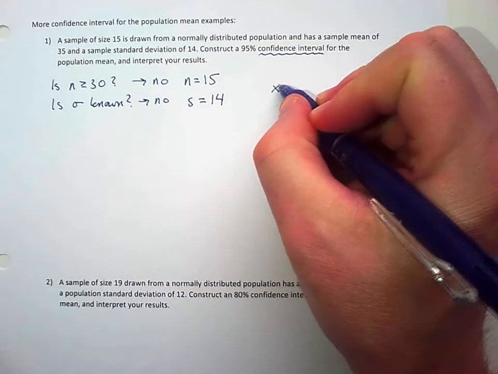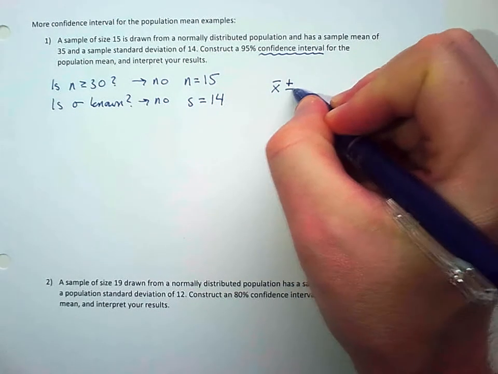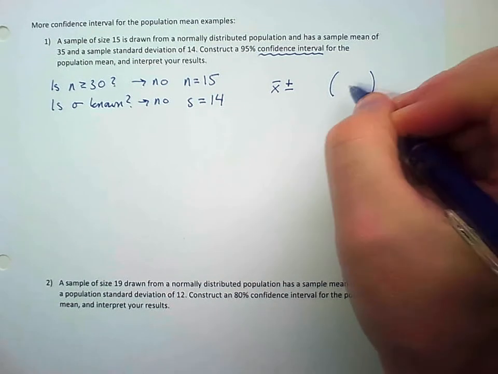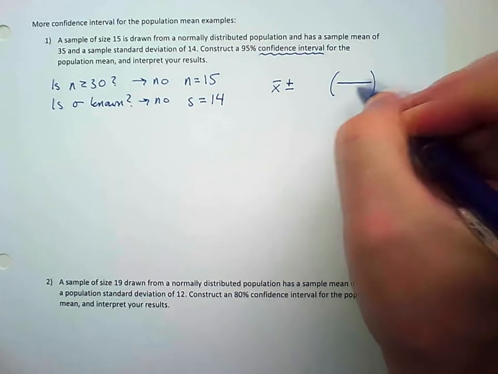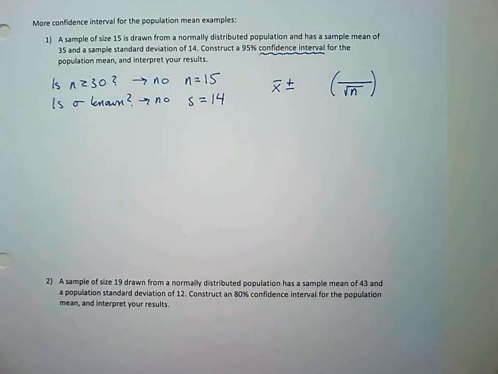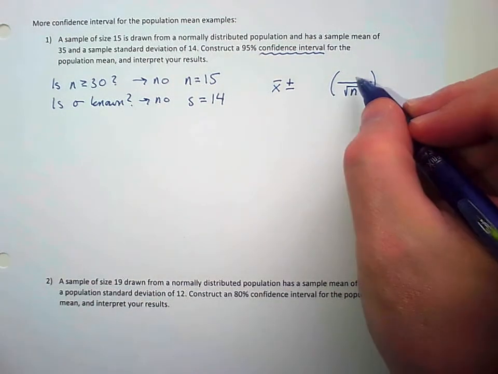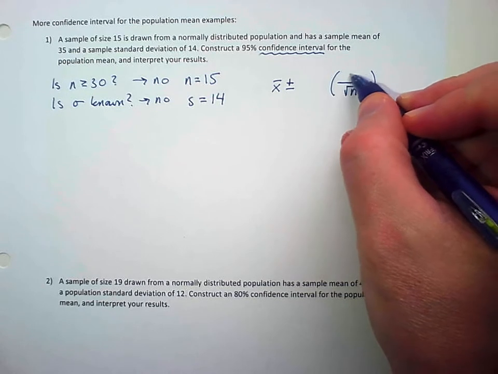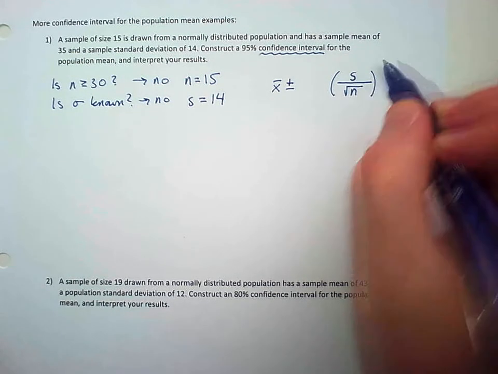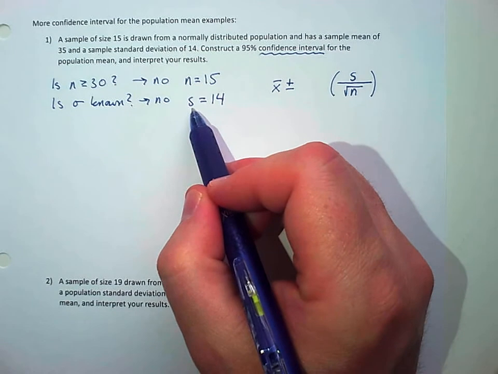So therefore, for the bare bones of our formula, we can still have x bar plus or minus something times something divided by the square root of n. We can still use this as our bare bones. In our numerator here, we're going to have some kind of standard deviation. So here we're going to use s, since we don't know sigma.